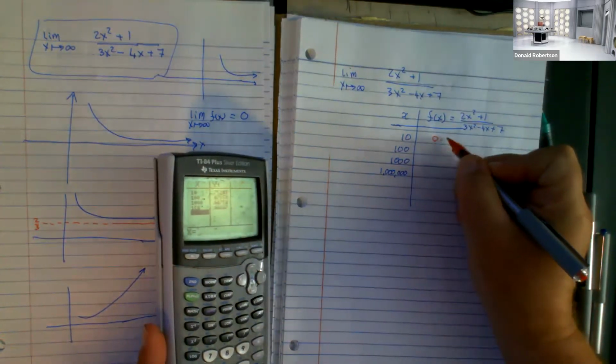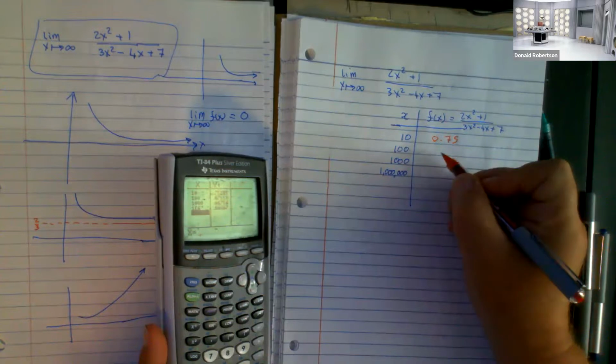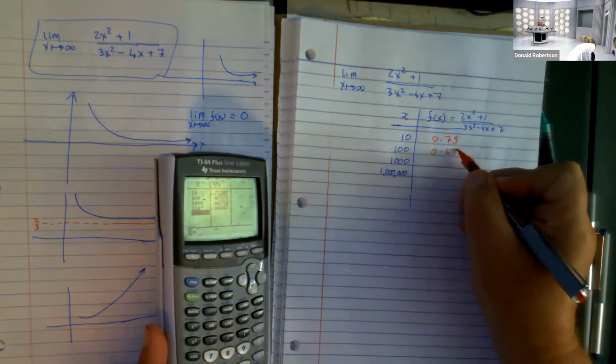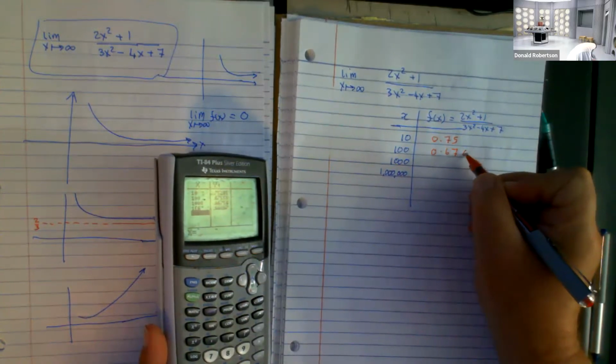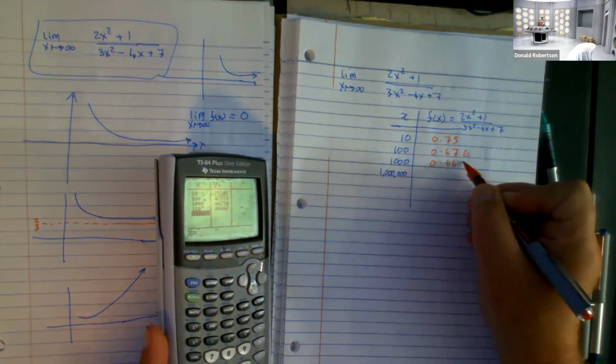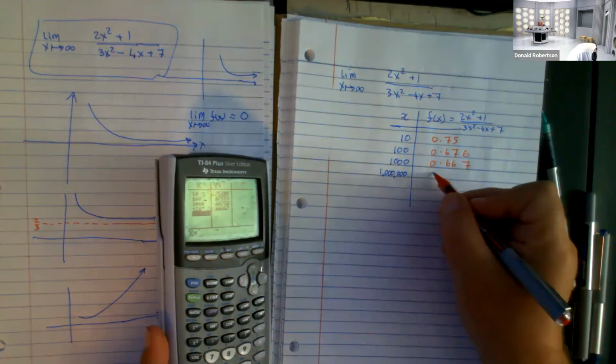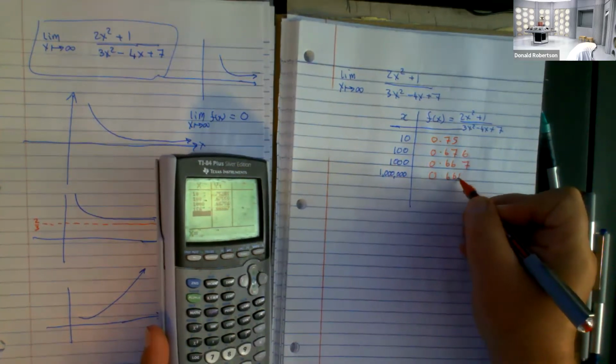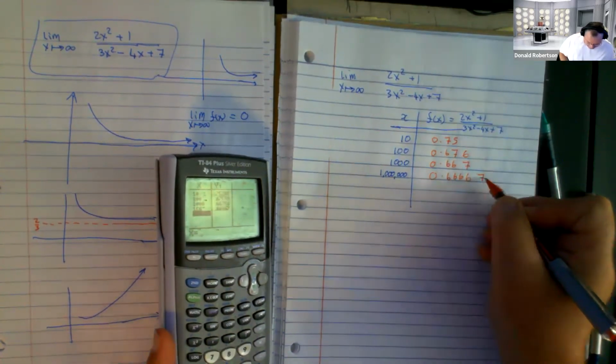It's about 0.75 to 2 decimal places. It's about 0.676 if you go to 3 decimal places. It's 0.667 if you go to 3 decimal places, and it's 0.66667 on the last one.